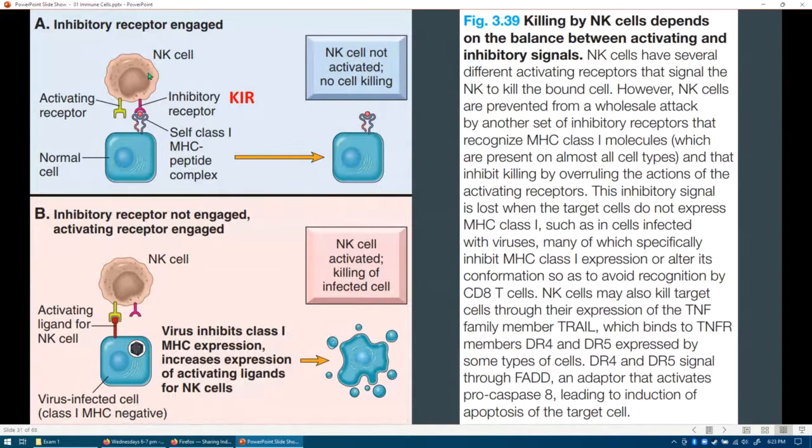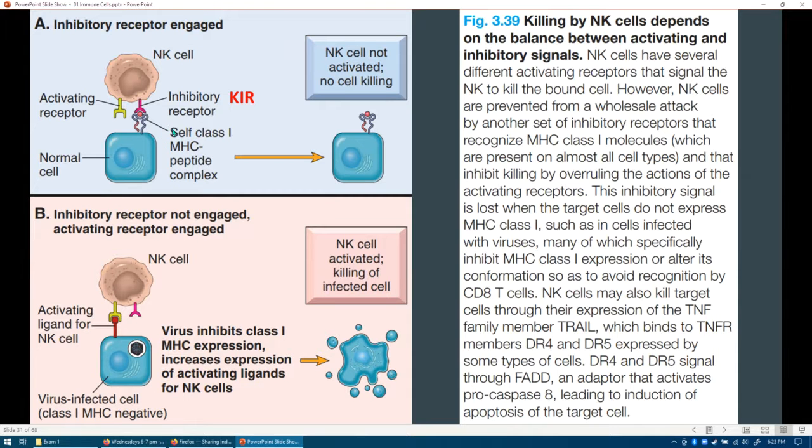So, two scenarios. First scenario, the inhibitory receptor is engaged. The natural killer cell expresses activating receptors and inhibitory receptors. One of the more important inhibitory receptors is the KIR, the killer cell inhibitory receptor. And all that it does is recognize MHC1 on the surface of the target cell.